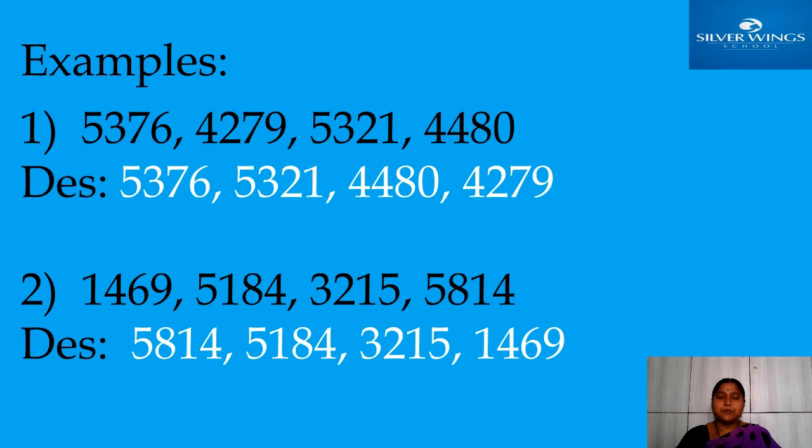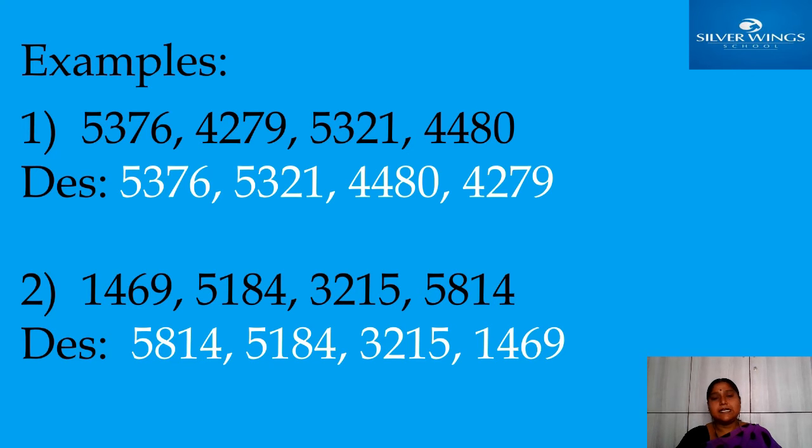Then go to the hundreds place. In the first number, the hundreds place has 3. And in the third number, the hundreds place also has 3. The thousands digit is the same, and the hundreds digit is also the same in these two numbers. Then what will you do?